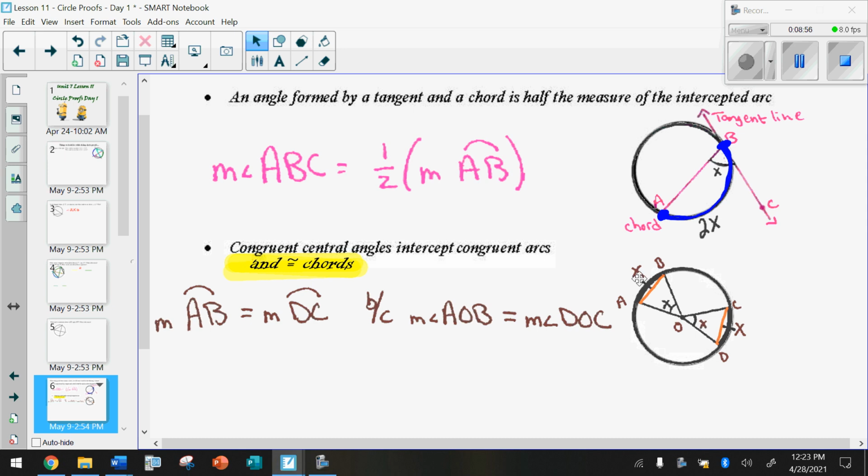If you are given the congruent arcs, you can conclude you have the congruent chords and the congruent central angles. So one pair of equal pieces will lead to the other two pairs of equal parts as well. Okay, so congruent chords intercept congruent central angles and congruent arcs. And they all come in a package deal.